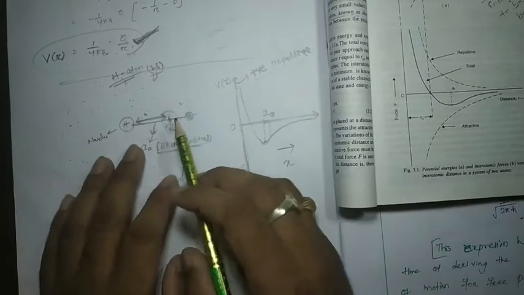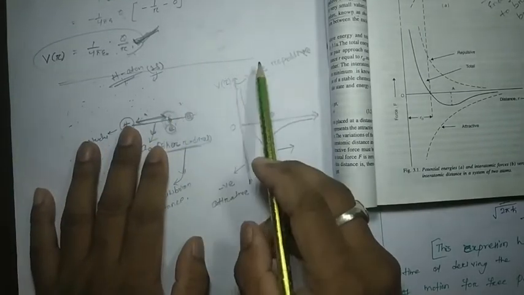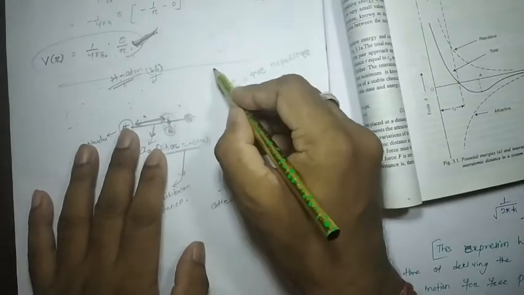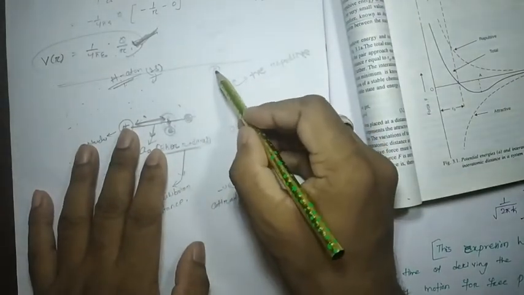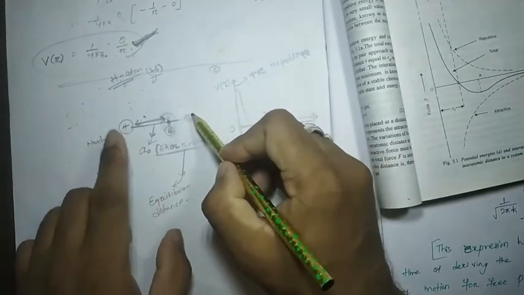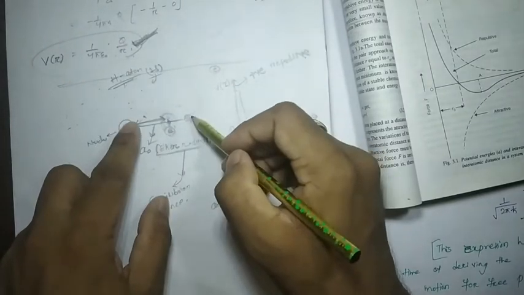Just focus on this example: suppose the electron is outside the nucleus, far apart from the nucleus. Suppose the electron is here; if I take the electron towards the nucleus, then an attractive nature between the nucleus and electron is going to develop.